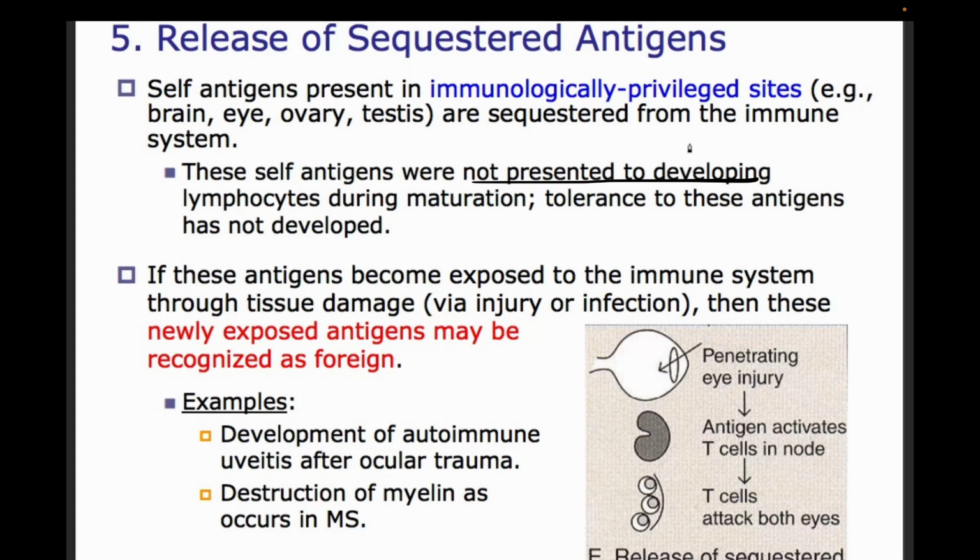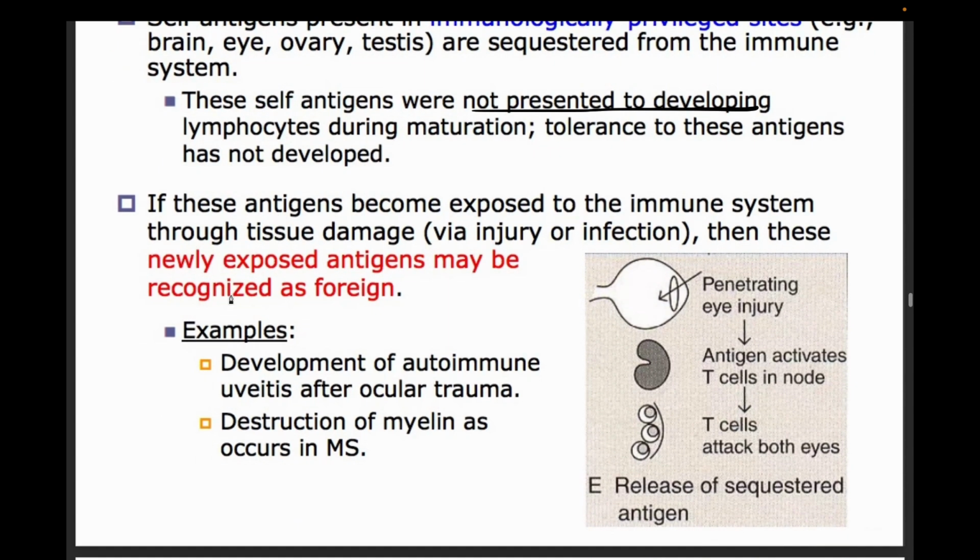So basically, T cells against these self-antigens can be activated, and B cells can be activated, which will then lead to autoimmunity. So they are newly exposed and may be recognized as foreign. Notice, maybe, not always. Maybe a person does not have the self-reactive cells. So it's just like a chance.